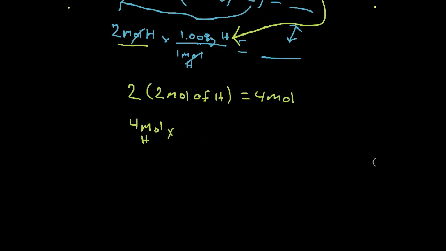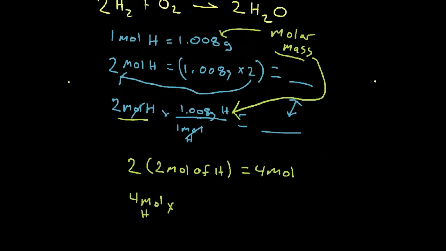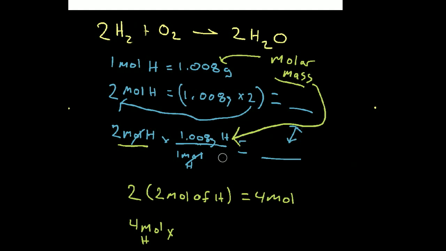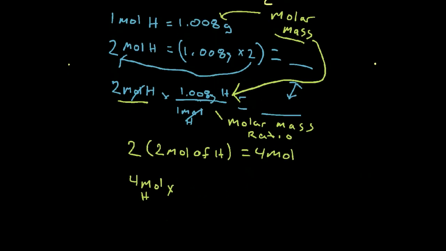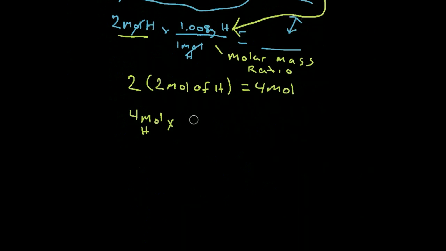And we know, using our molar mass ratio, that for every 1 mole of hydrogen, I have 1.008 grams of hydrogen.